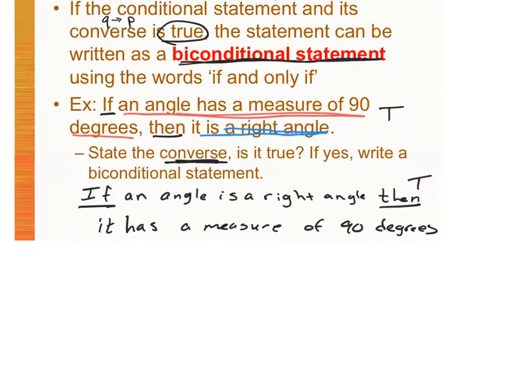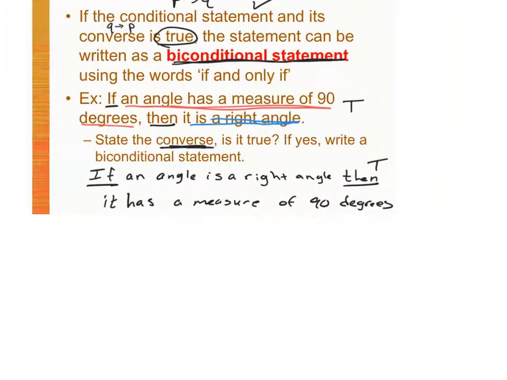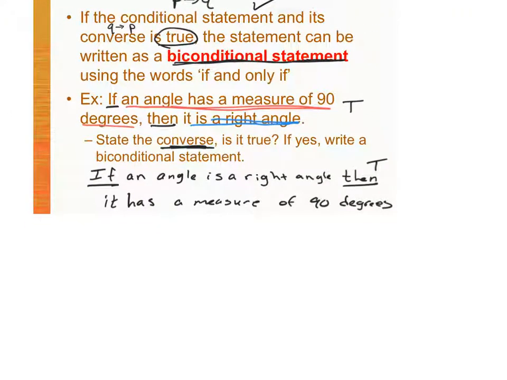Again, this is another area for accidents. Here's what we do when we make a biconditional statement. This is the part where you want to take superb notes. Here was my P. Here was my Q. Okay, that's what I want.